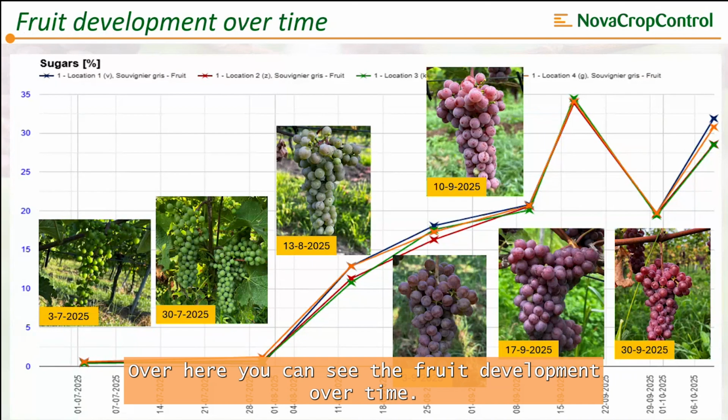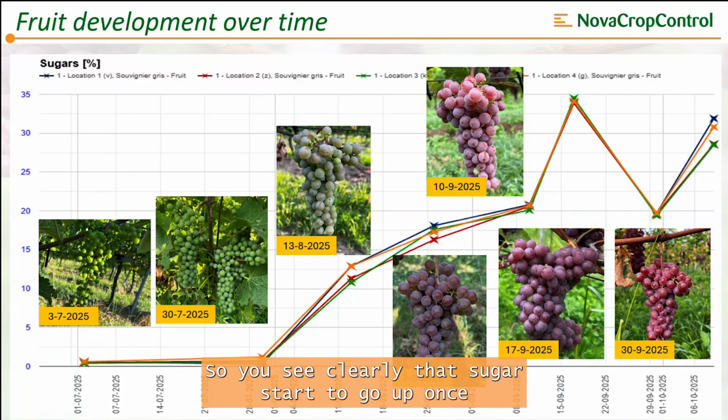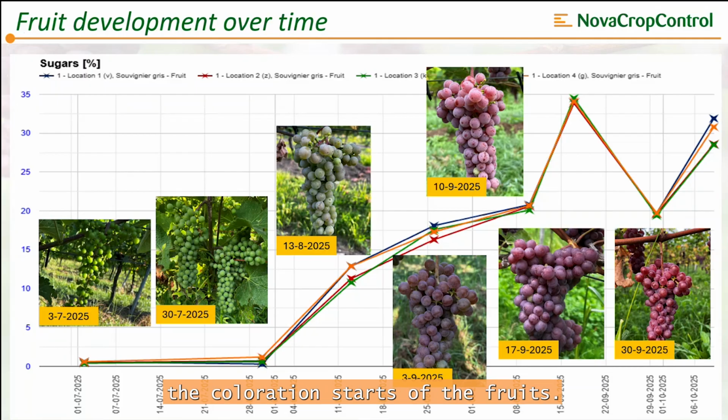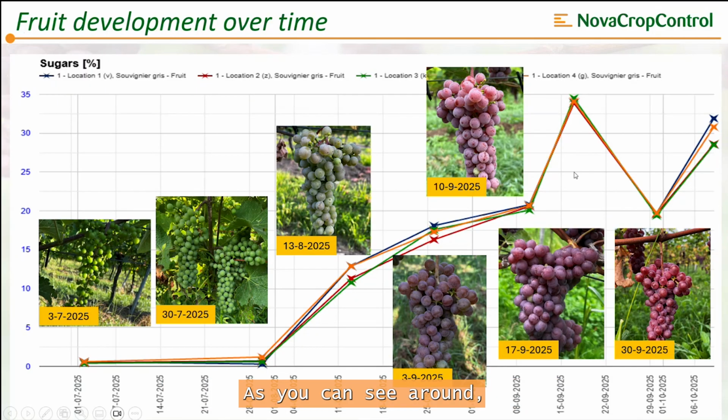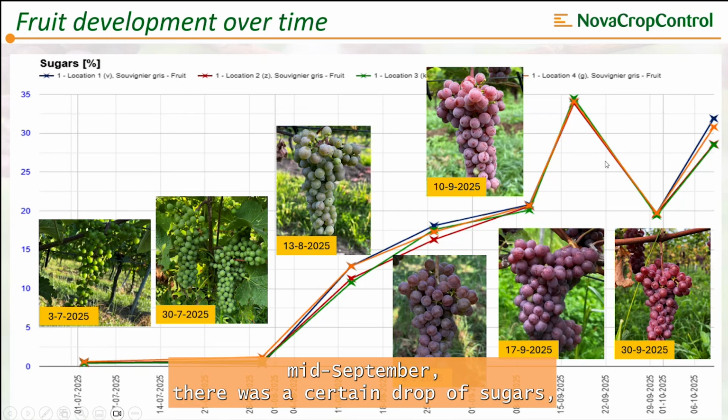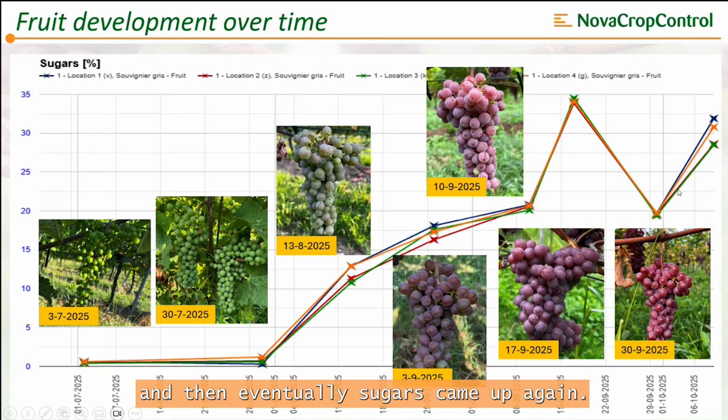Over here you can see the fruit development over time. You see clearly that sugars start to go up once the coloration of the fruits starts. And as you can see, around mid-September there was a certain drop in sugars, and then eventually sugars came up again.